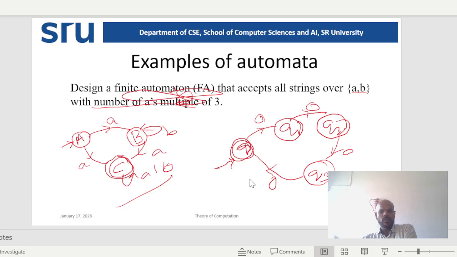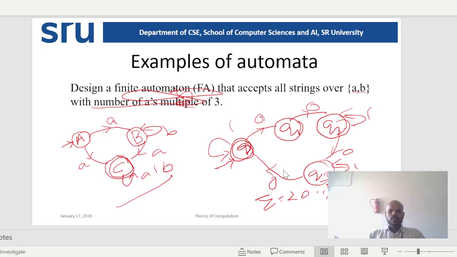Try to find the language over sigma {0, 1}. You make these transitions 1, 1, 1. Try to find what the language is. This is an exercise for you.